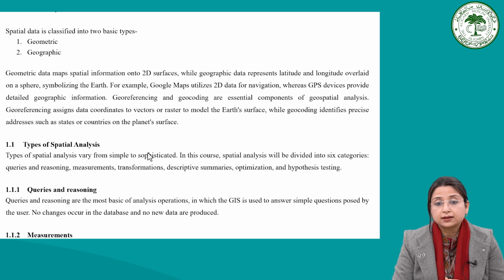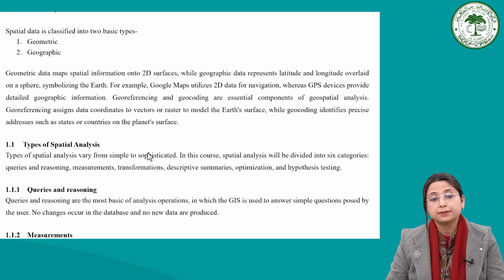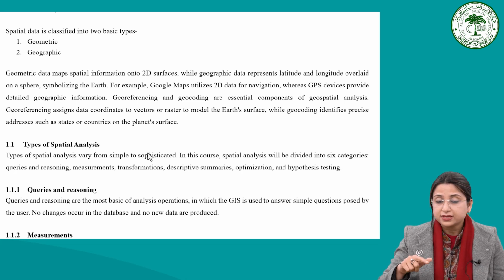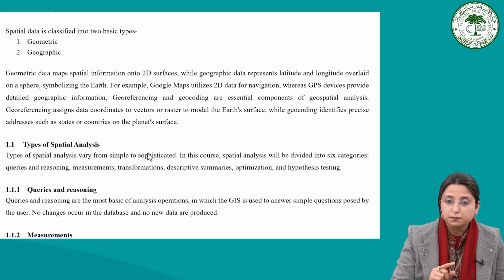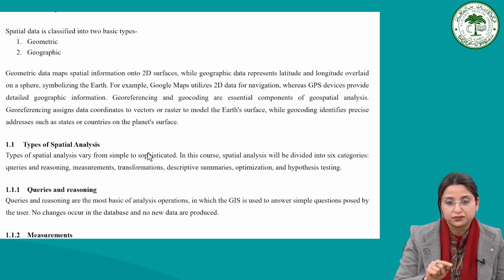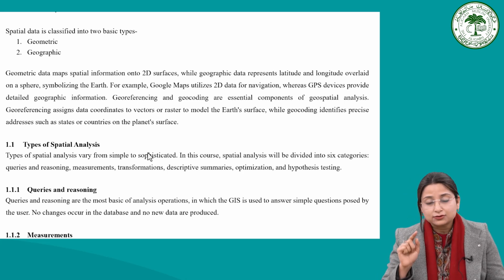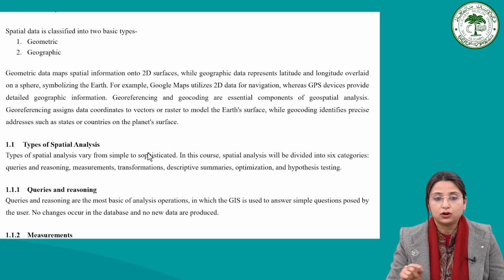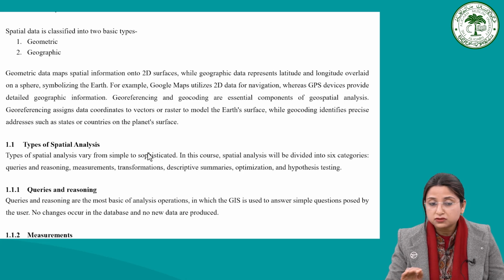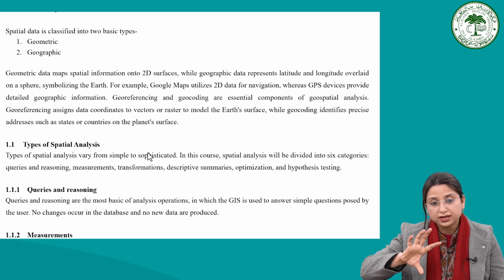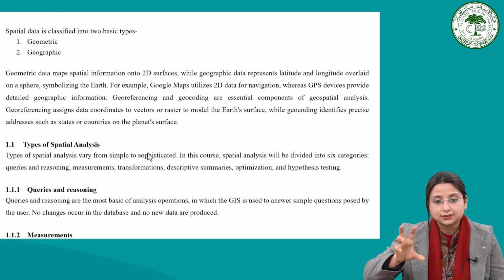But geographic data represents latitude and longitude overlaid on a sphere symbolizing the Earth. It means geometric data just maps out on 2D surfaces, but geographic data represents latitude and longitude overlaid on the sphere, symbolizing the Earth's surface.